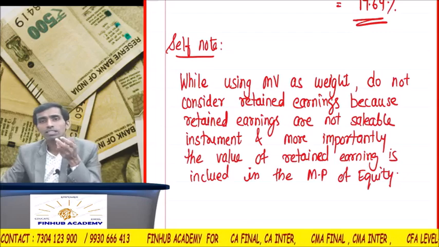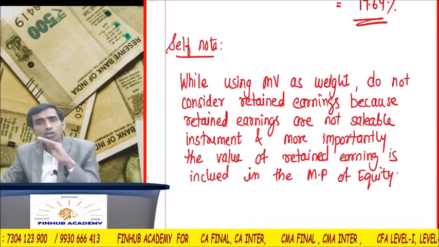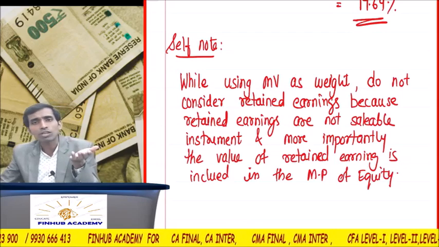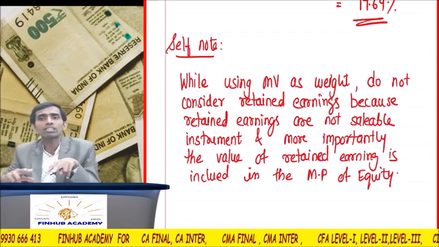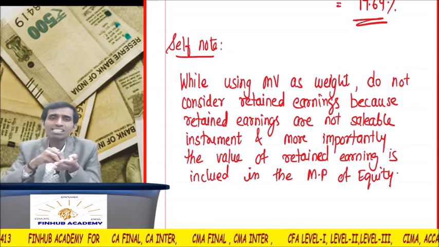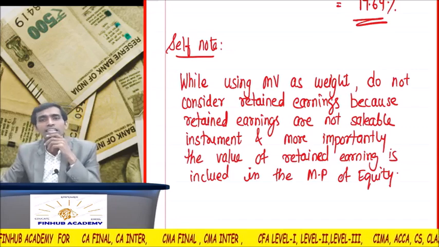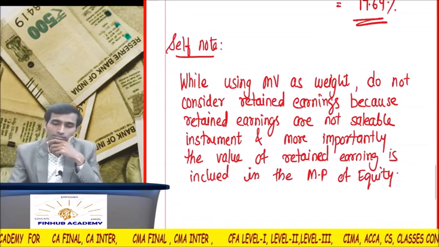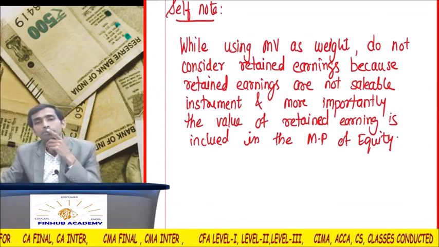Two arguments. One is retained earnings are not saleable, you can't sell it, so market price is not available. Second thing, more importantly, market price is arrived after considering all these retained earnings.